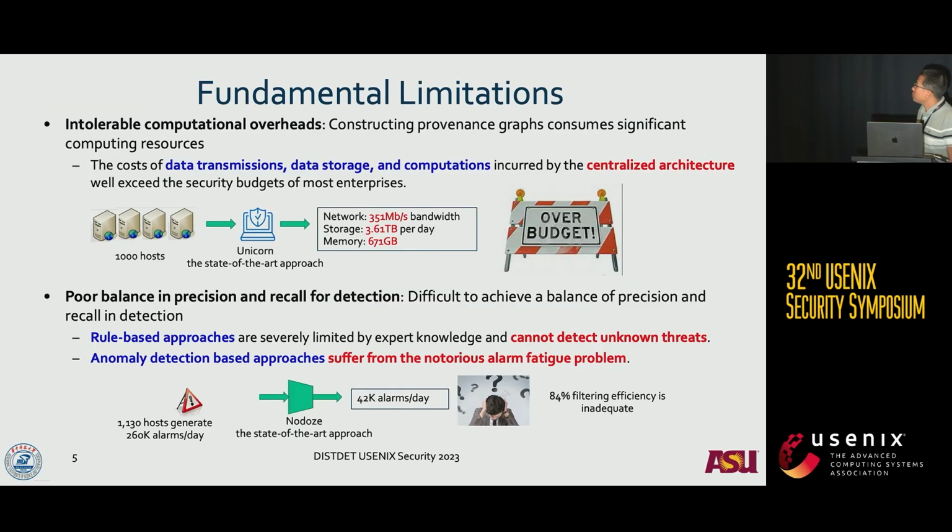limitations. First, provenance analysis has intolerable computational overhead when constructing a provenance graph. For example, when we apply Unicorn, a state-of-the-art provenance analysis system, to monitor a cluster of 1,000 hosts, we need about 350 megabytes per second of bandwidth for network transmission of the collected data, 3.6 terabytes per day to store the data, and more than 600 gigabytes of memory to perform the computations.